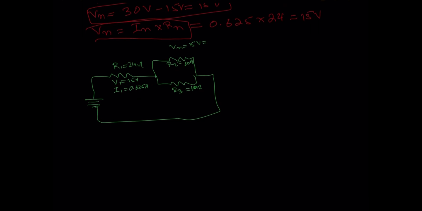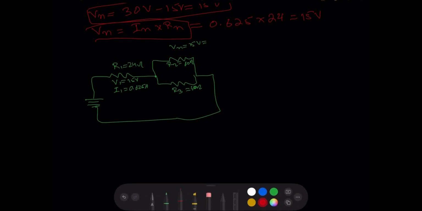We found the voltage going into this Vn was 15 volts. And remember one thing, voltage drop in a parallel circuit stays the same. The voltage is the same at any point in the parallel circuit. So that 15 volt is going this way, and it's also coming this way.